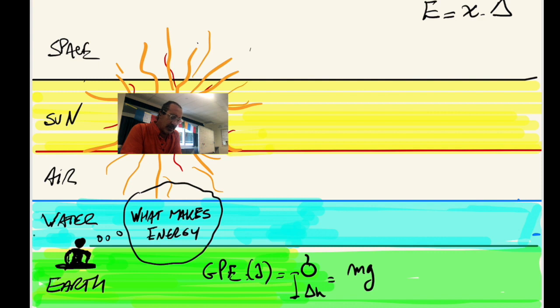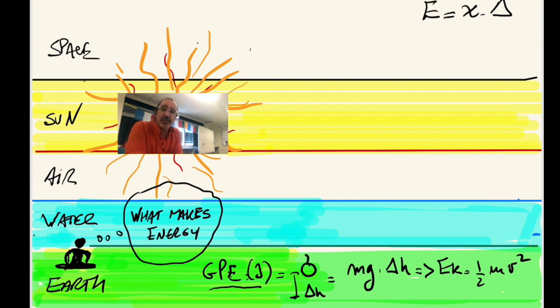The multiplication of the weight of the apple, mg, times the height of the apple will give us the amount of gravitational potential energy that then could be transformed into kinetic energy. We saw this equation before, right? So gravitational potential energy, energy of position, could be transformed into kinetic energy.